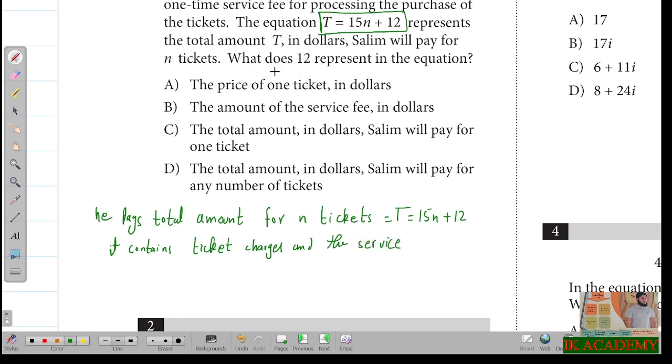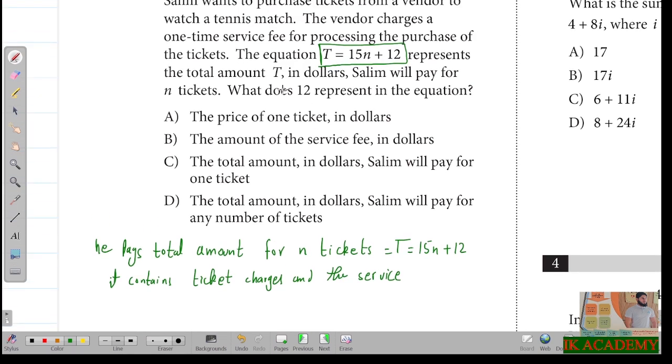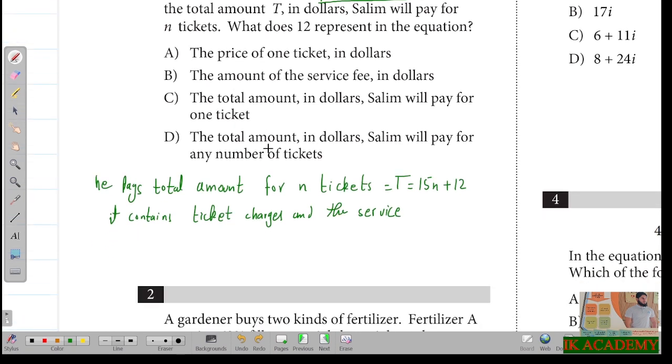And it was given that the service fee for processing the purchase is a one-time fee. Only once will the vendor charge the service fee, and if he buys more tickets, he doesn't need to pay any further fee. He just needs to pay the price of the additional tickets.